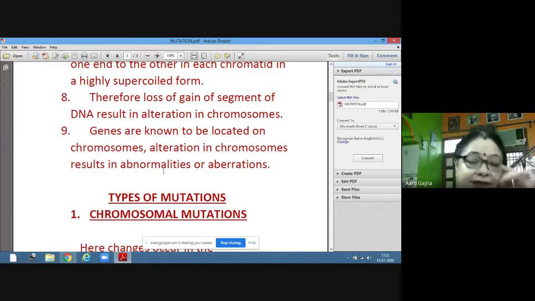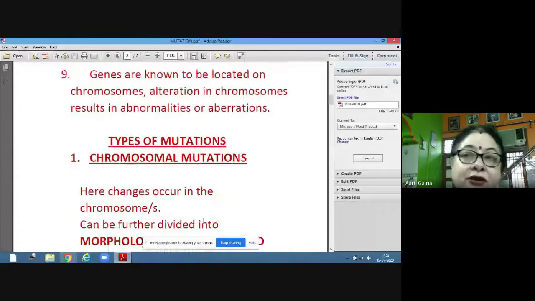The first type is chromosomal mutation, that means any change occurring in the chromosome or chromosomes.